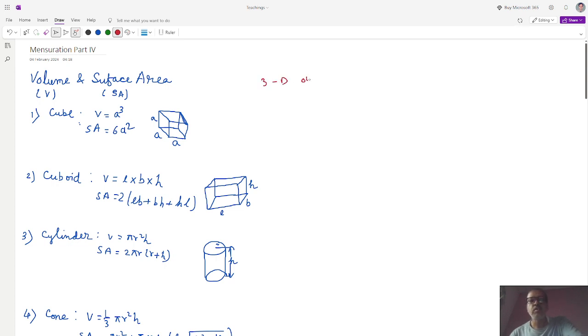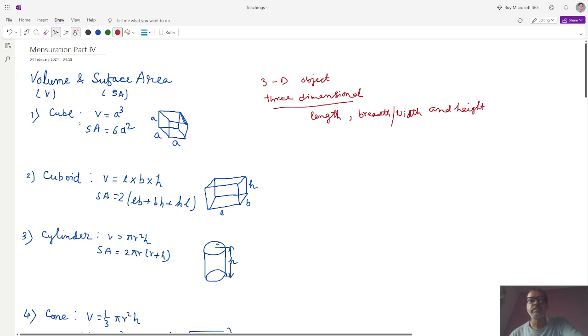3D object. 3D means three-dimensional. Three-dimensional means that which has length, breadth or width, and height.